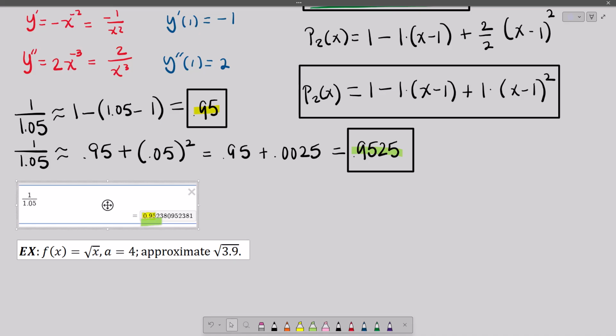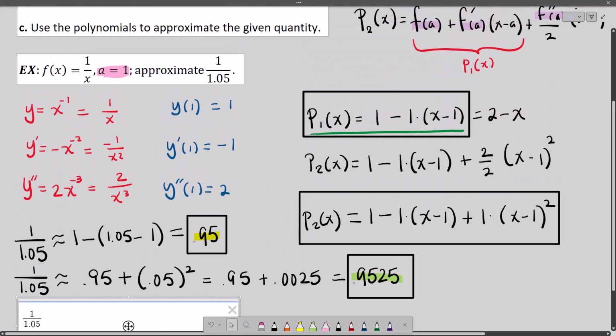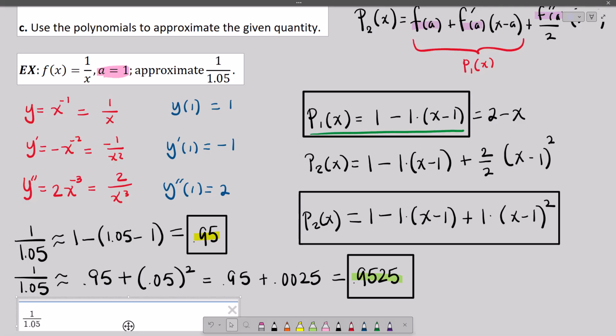So the further you go out, the better the approximation will get. Make sense? So it can get a little confusing what to plug in for x. When you look at this, we're starting with the function 1 divided by x. So x, if you look at that versus this, x is getting replaced with 1.05.